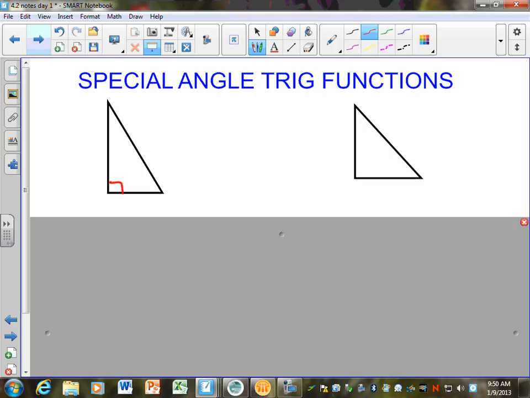One of them is a 30, 60, 90 triangle. So the shortest side should be across from the shortest angle. So that would make this 30 degrees and this 60 degrees.